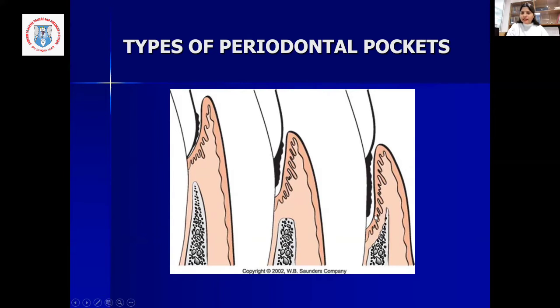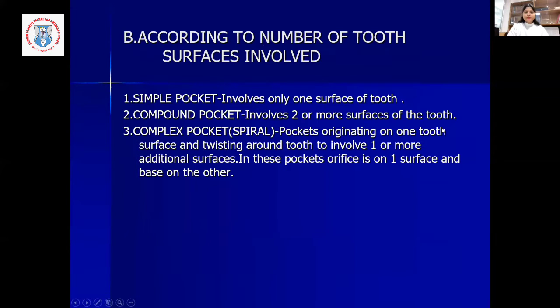Whereas in the third, that is diagram C, you will see that the base of the pocket is apical. The attachment is detached, and the base is lying between the tooth on one side and the bone on the other side. So this is the infrabony pocket.